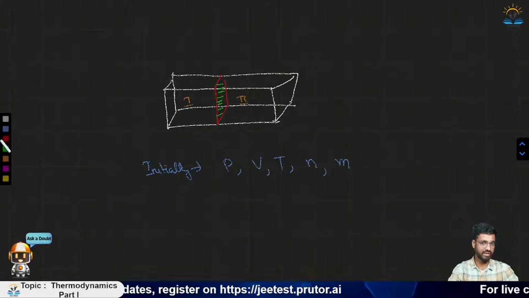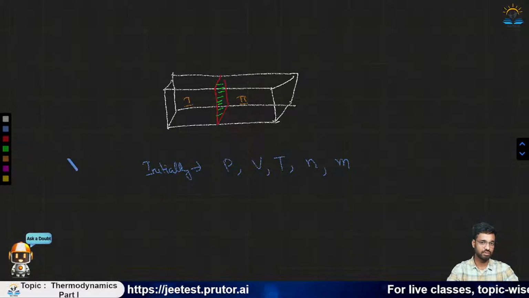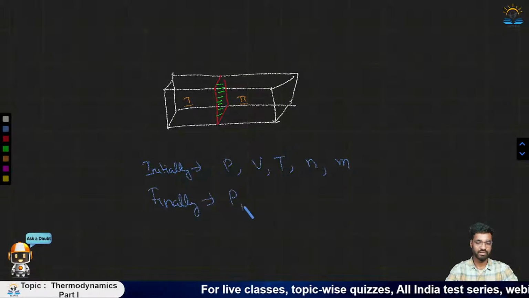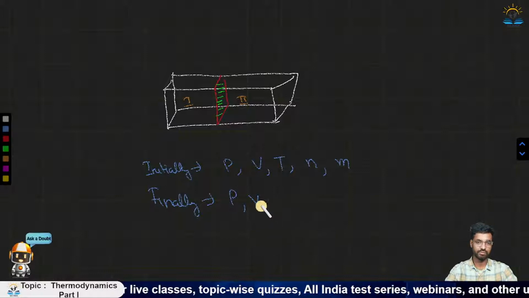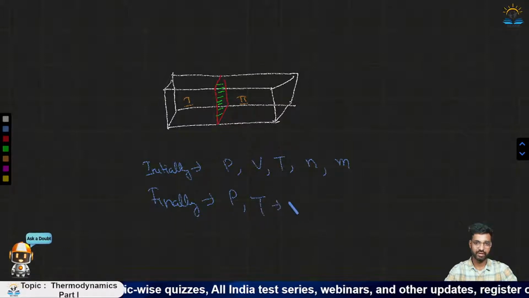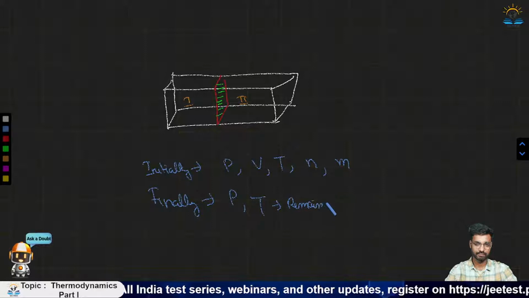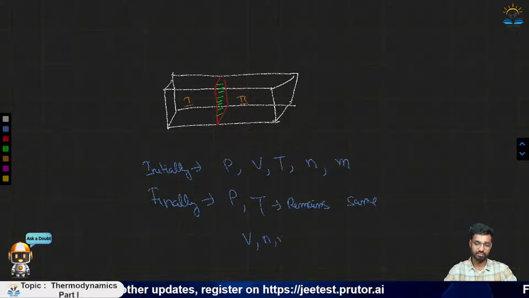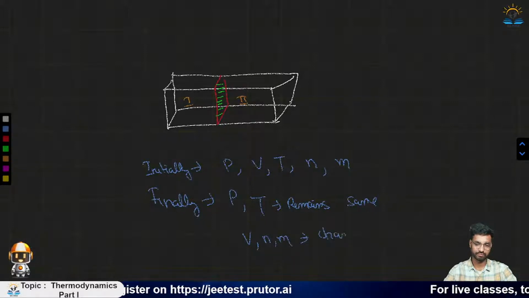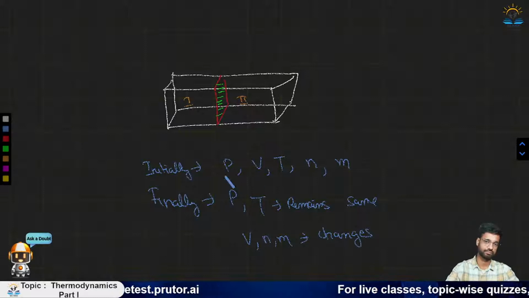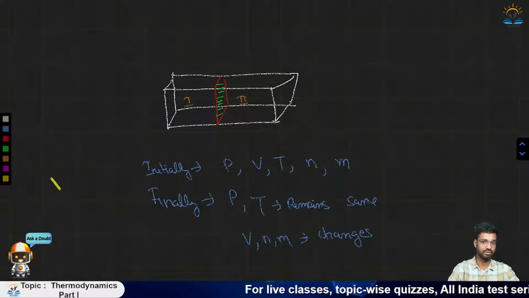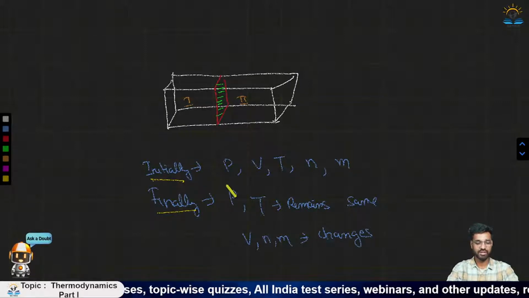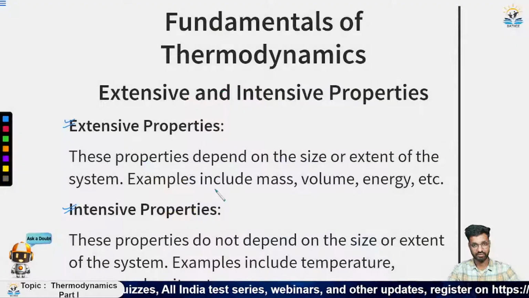So finally, after putting that barrier, pressure and temperature remain the same, while volume, number of moles and mass change. In this way we can easily differentiate between extensive and intensive properties.